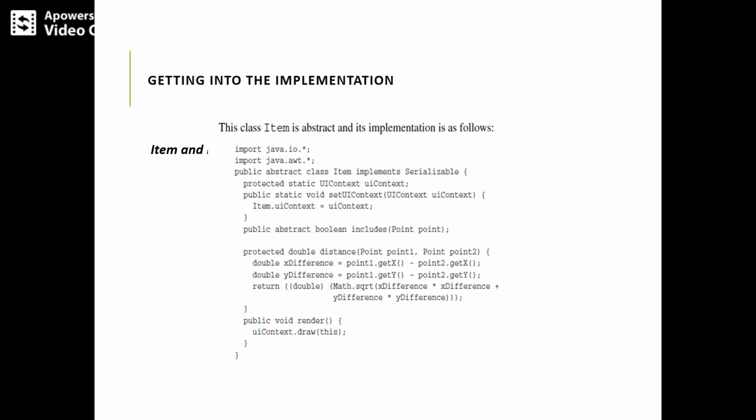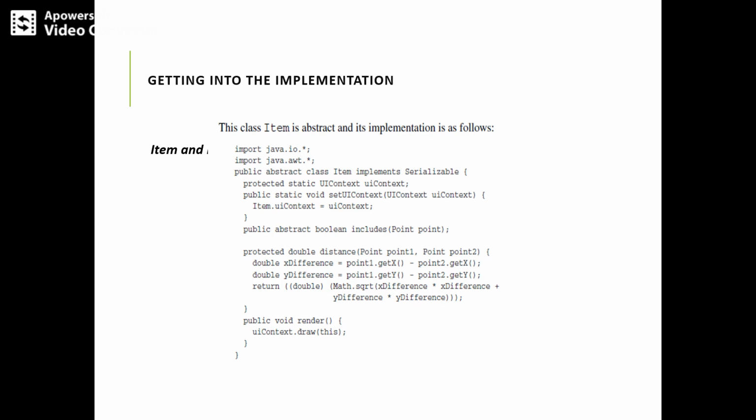We need a double x difference and a double y difference. The x difference equals point1.getX minus point2.getX, taking the left endpoint first and going from left to right. Similarly, the y difference is the coordinate value: point1.getY minus point2.getY.